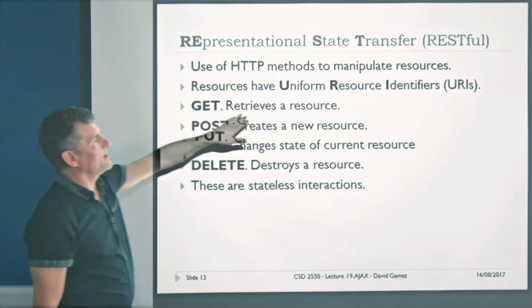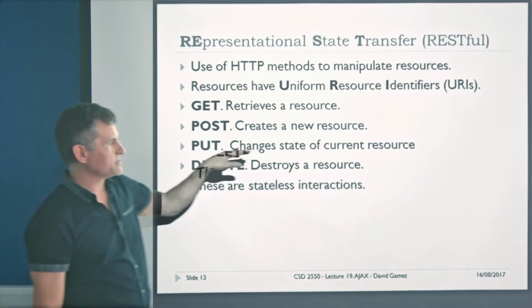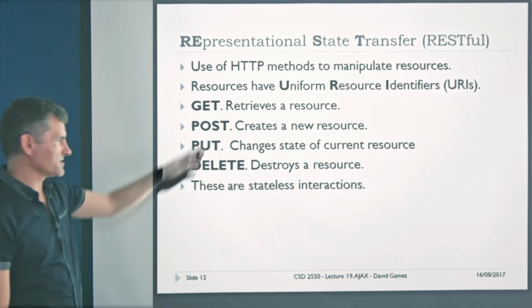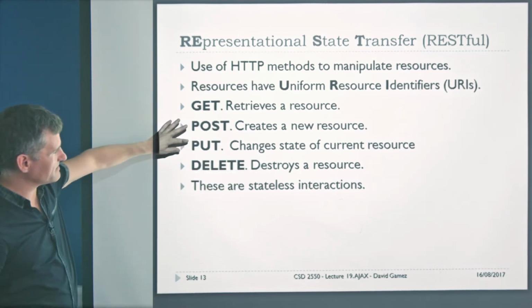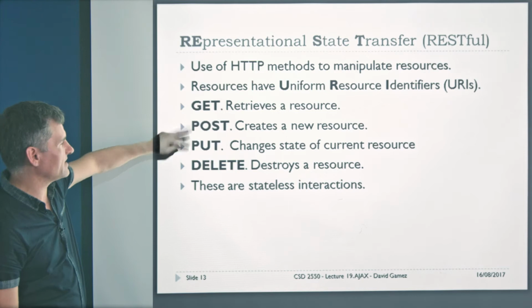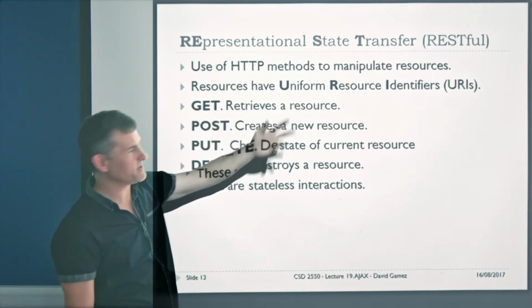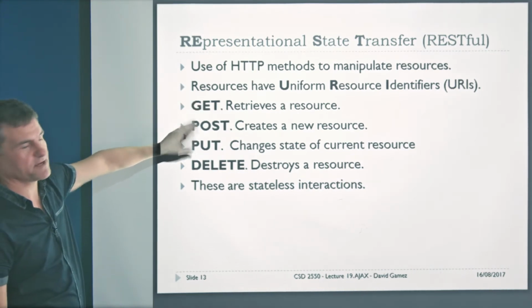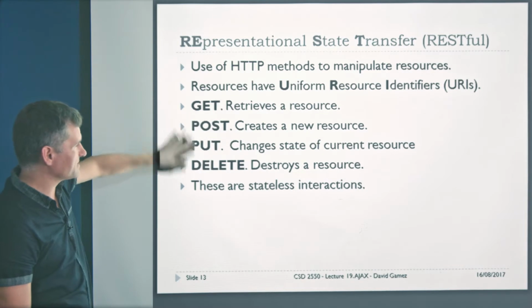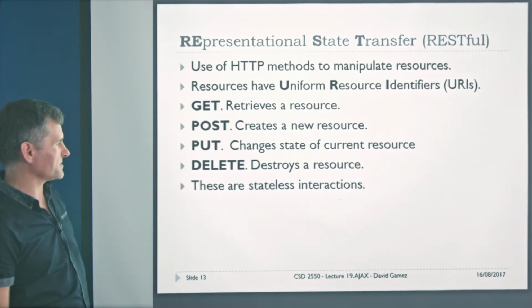So GET retrieves a resource, POST creates a new resource, PUT changes the state of a resource that already exists, and DELETE destroys a resource. Now, on some websites, you might find POST and PUT reversed. So if you're doing the big presentation to the managerial board on the new use of RESTful in your company, you might want to flag this ambiguity or double check it. But I think this is the correct way: POST creates a new resource and PUT changes the state of the current resource.